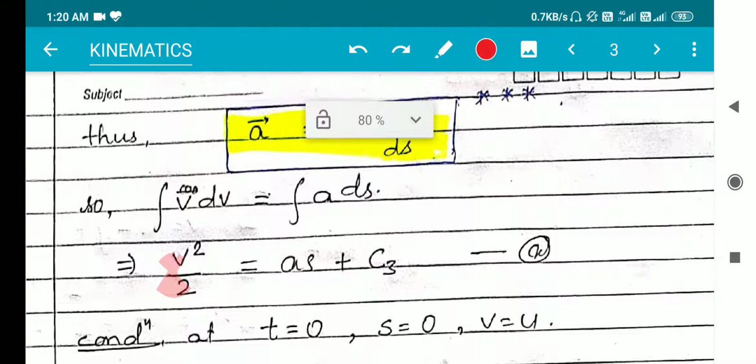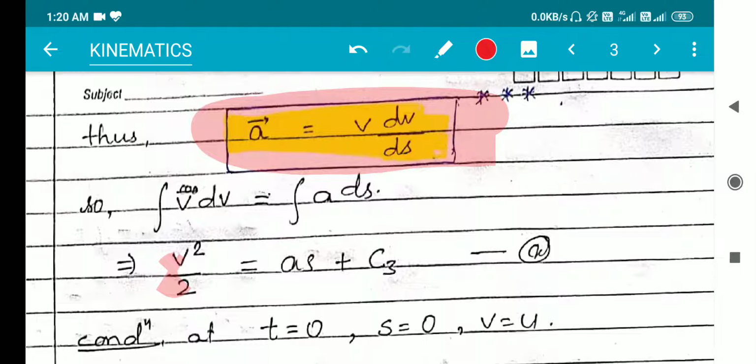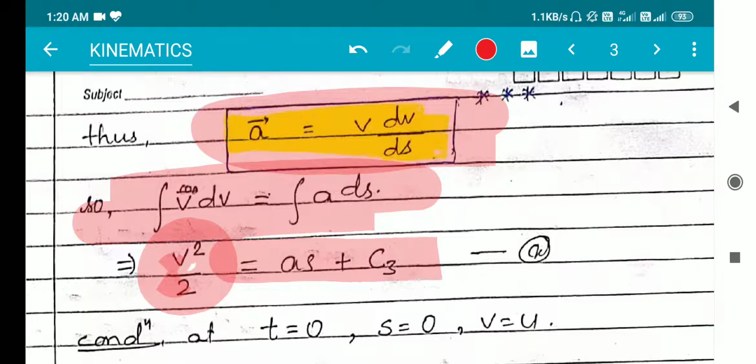Acceleration is equal to velocity into dv by ds. By integrating both sides, we get v square by 2 is equal to as plus c3.